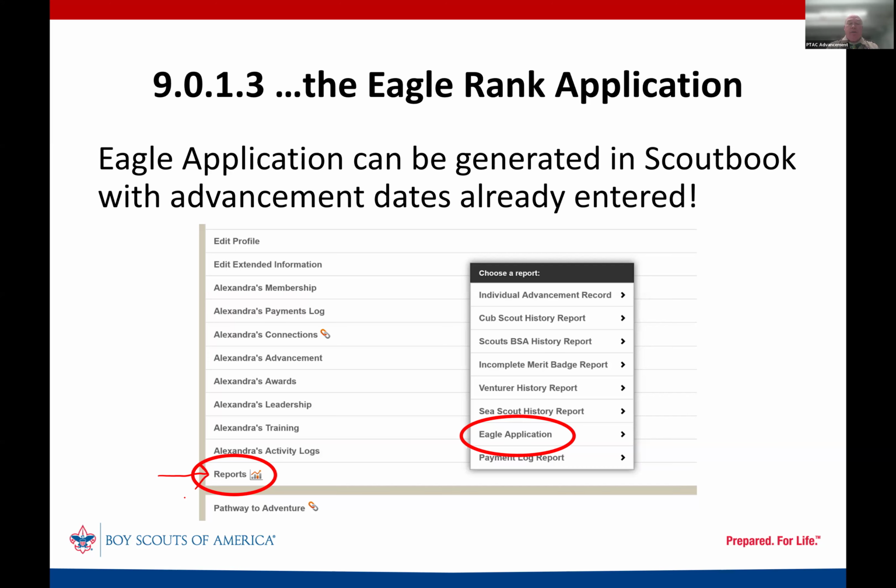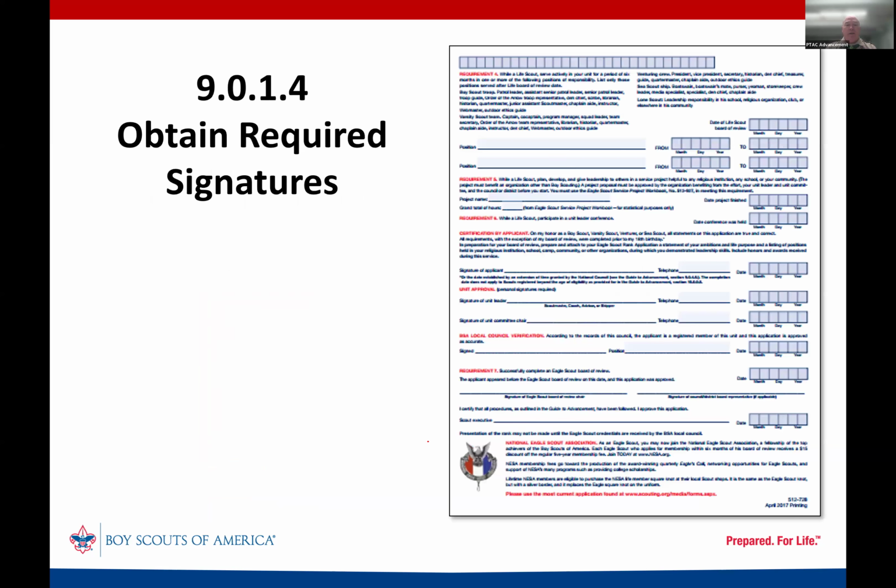When you click on that, a spot comes up that mentions the Eagle application. That's the spot where you click, and it will automatically generate a fillable PDF form with the information for the scout already filled in, that can be downloaded onto the computer you're running this from. That can help the scout in terms of filling out that information.